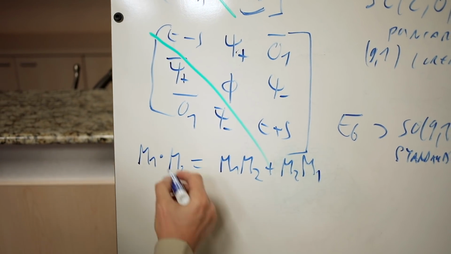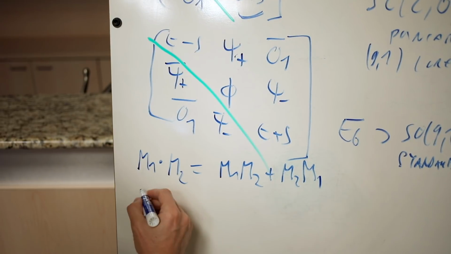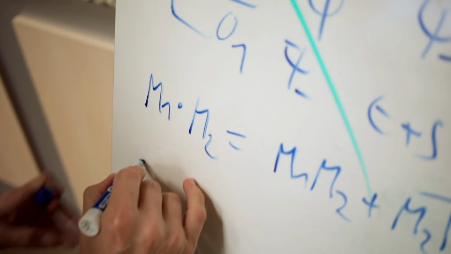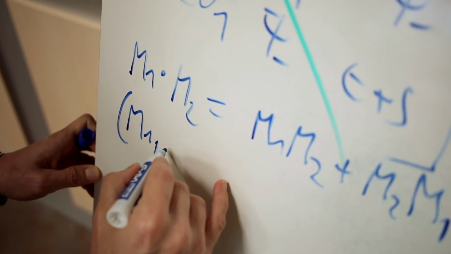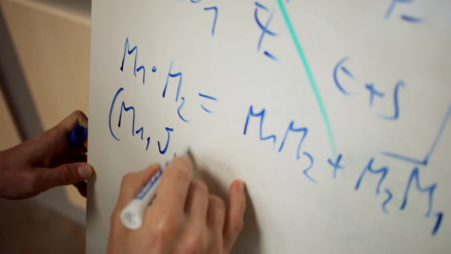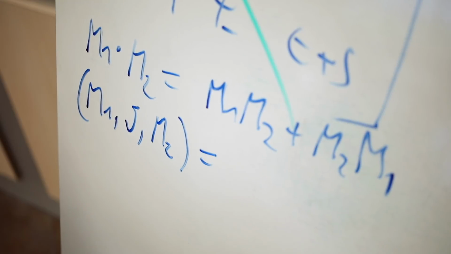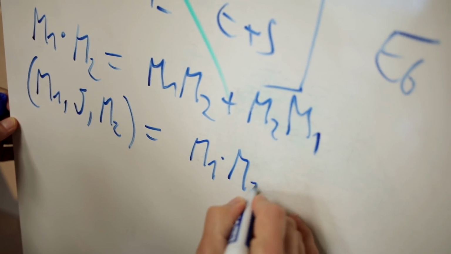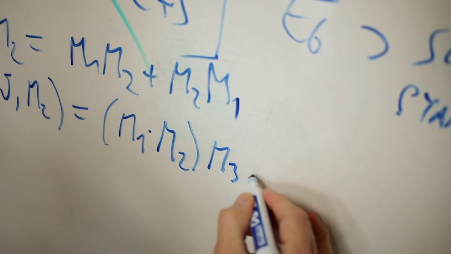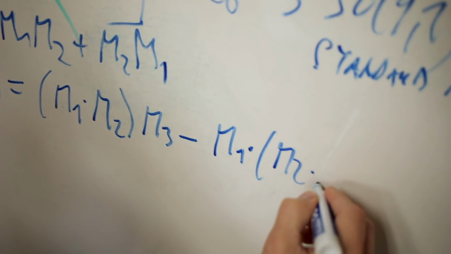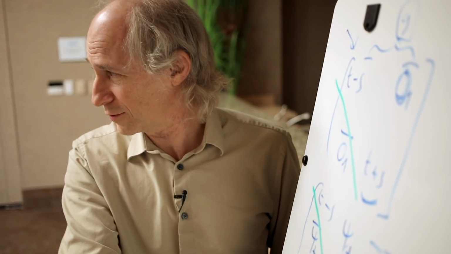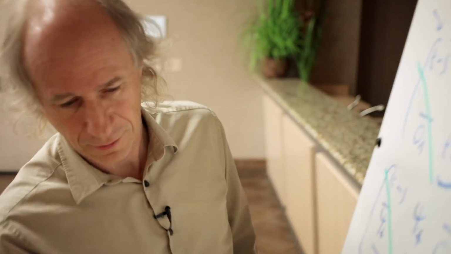Then we can build a triple product, which is named the associator of the Jordan, which is (M1, M2, M3) equals M1 times M2 times M3 minus M1 times M2 times M3, like the graph that Marnie showed with the associator. So this is a graph like this, and this is the other.